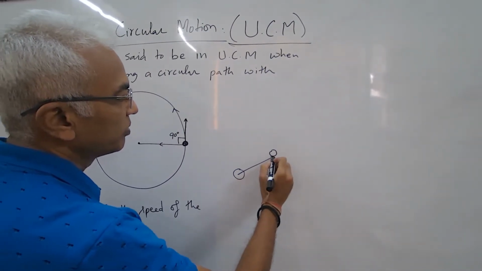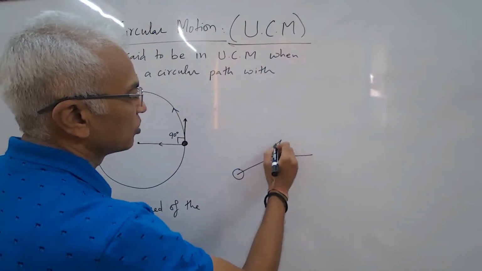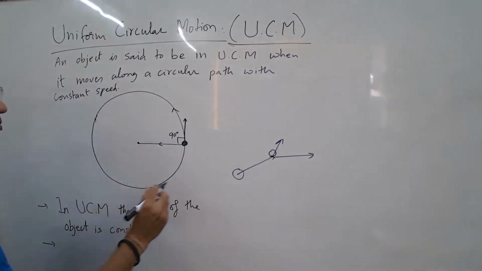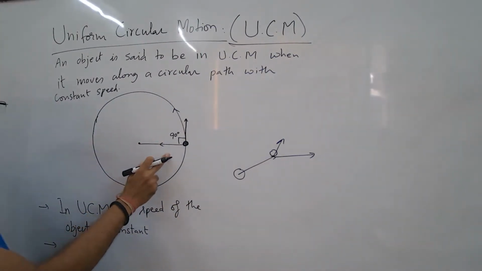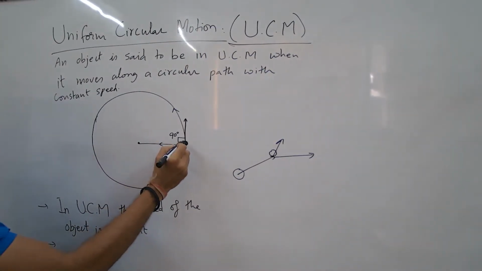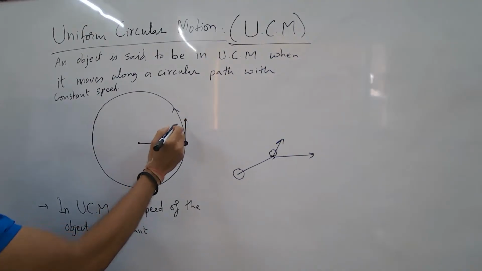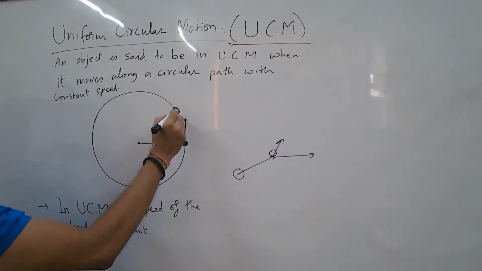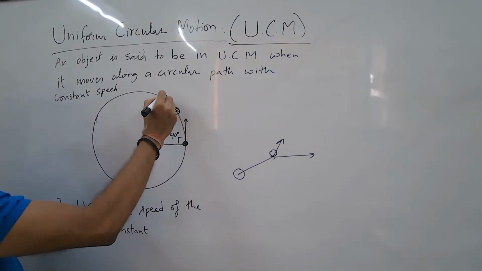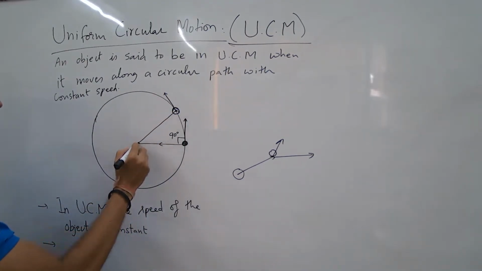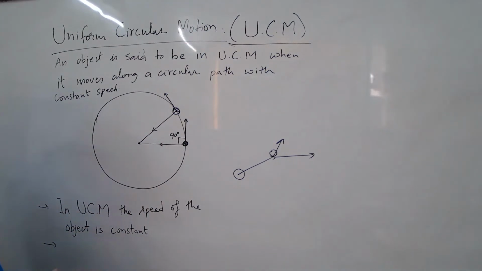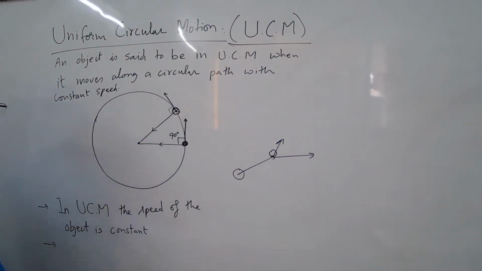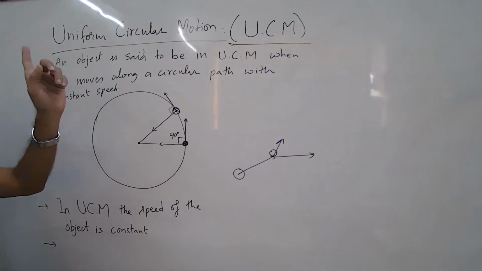After hitting it, their directions change. So for change of direction, you require force. On a circular path, direction is always perpendicular to radius because it is along the tangent.